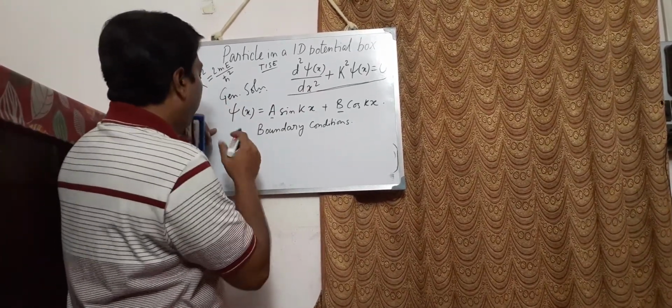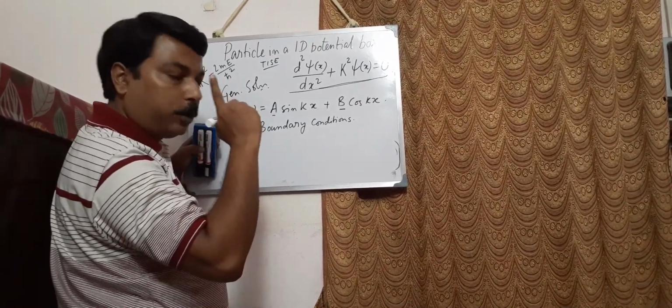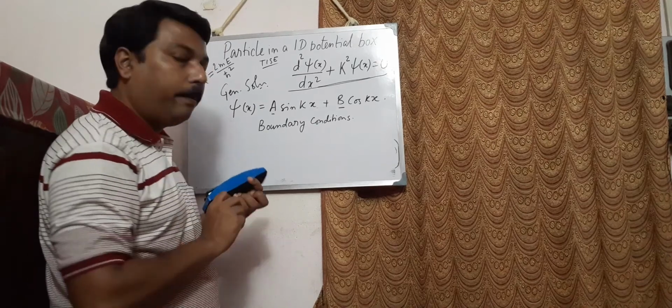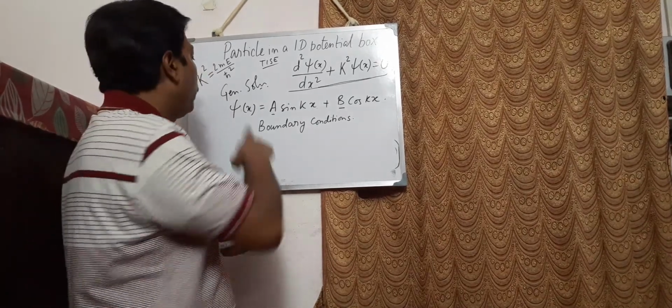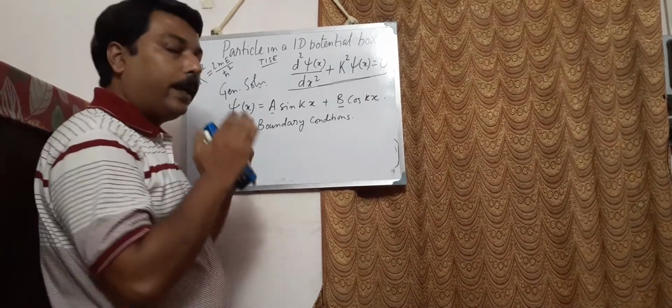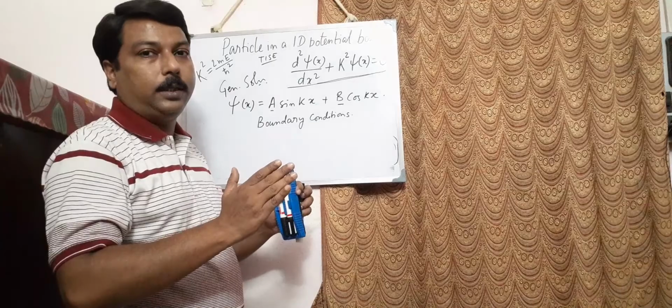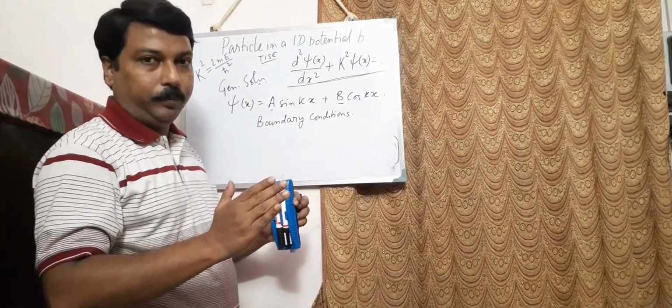Look, we know in the first postulate, when we stated the mathematical conditions for this wave function ψ(x), we had said that a wave function has to be continuous at all points in space and time.